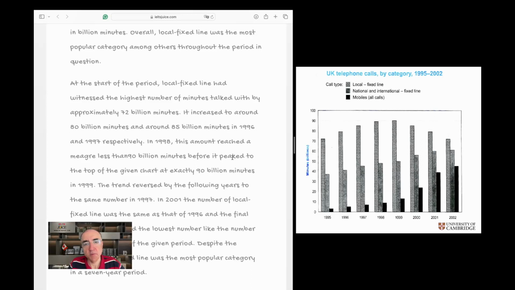This is redundant because peak means the top already. It peaked means you are at the peak. There is nowhere higher. You don't peak at a trough. It's redundant. It peaked. I don't need the rest of it.